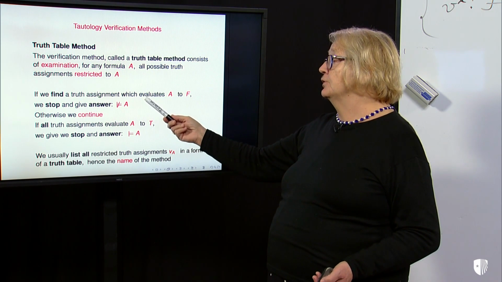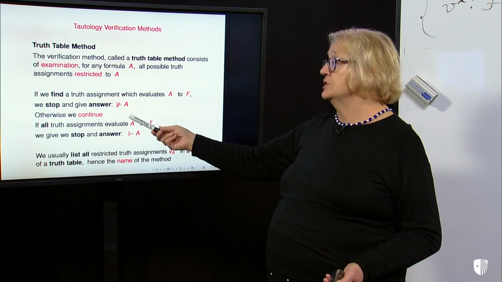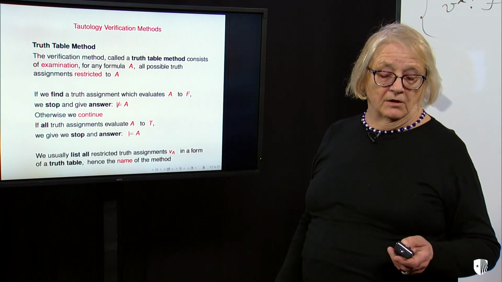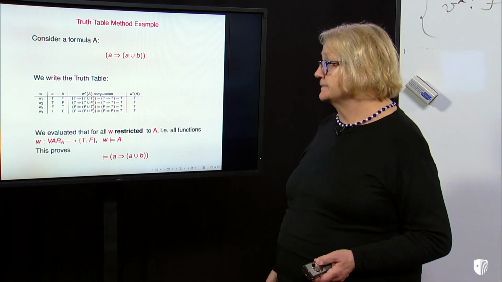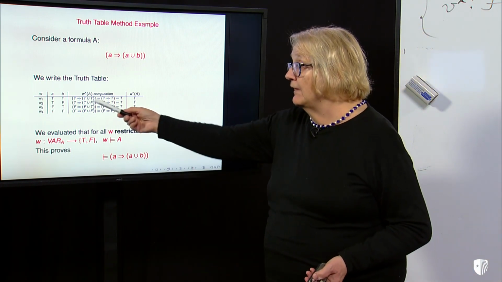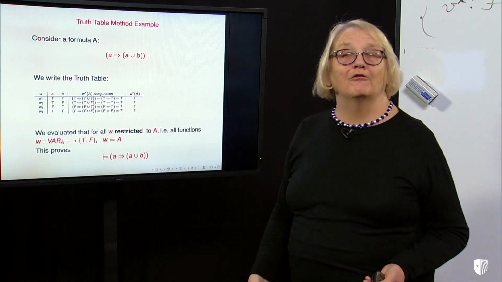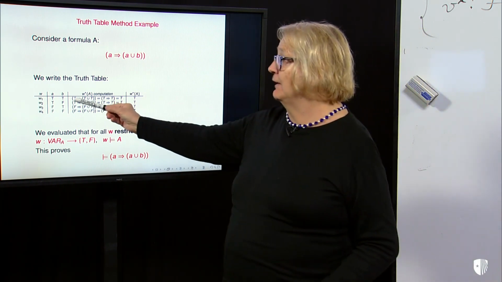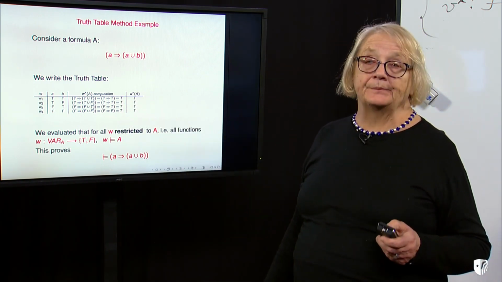If we find a truth assignment which evaluates to F, we have not a tautology, otherwise we continue, and you always find them. And this is a proper way of building your truth tables. This evaluation is the algebra of connectives, and that's what you get.